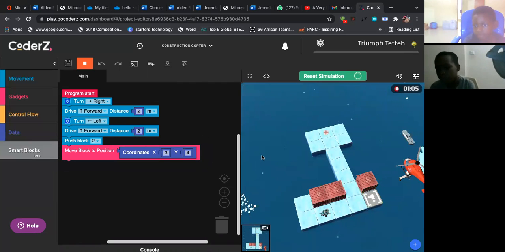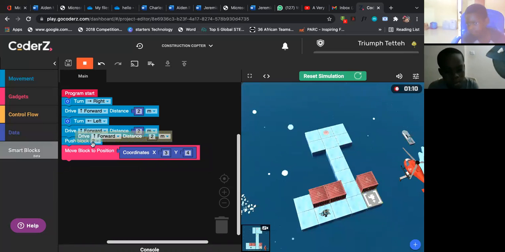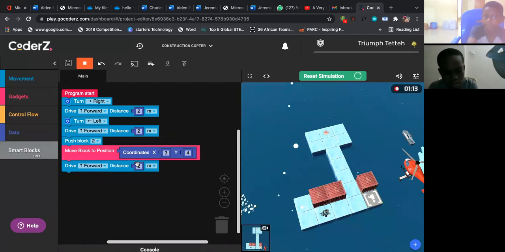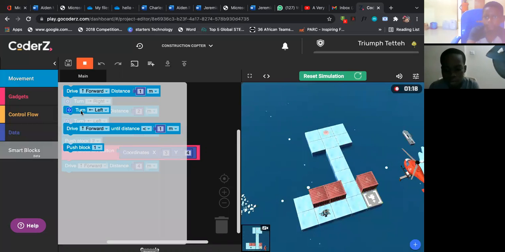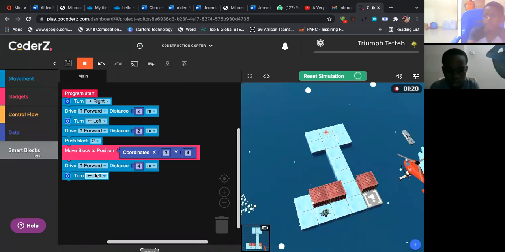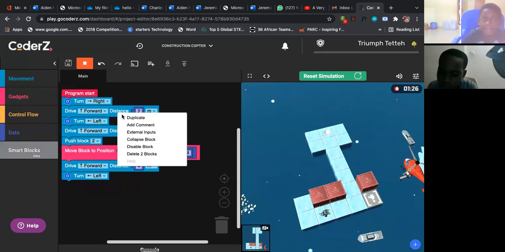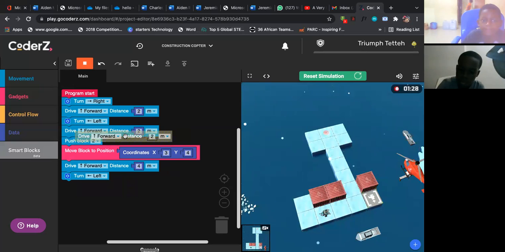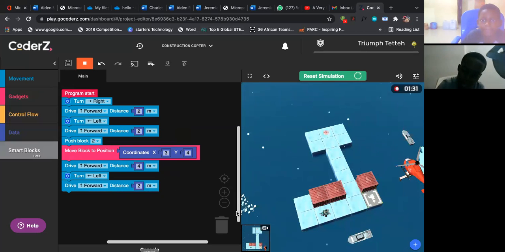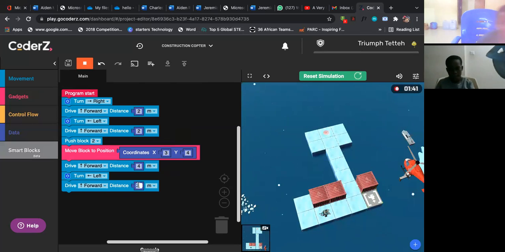So you move 4 meters. We should move what? 4 meters. Okay. And then you turn left. Okay. Then you keep going straight. How far should we go? You should move 12 meters. You said 12 meters.